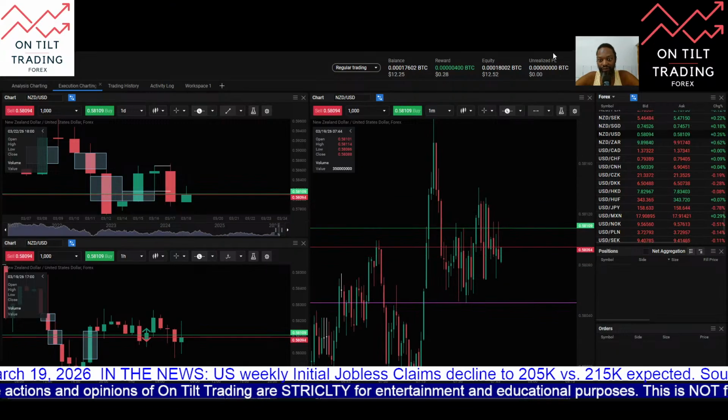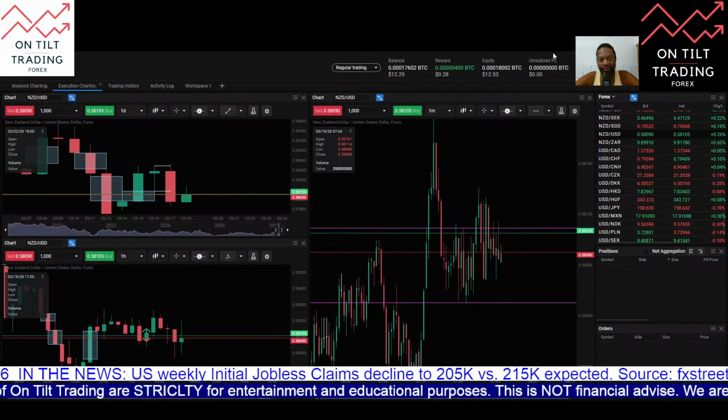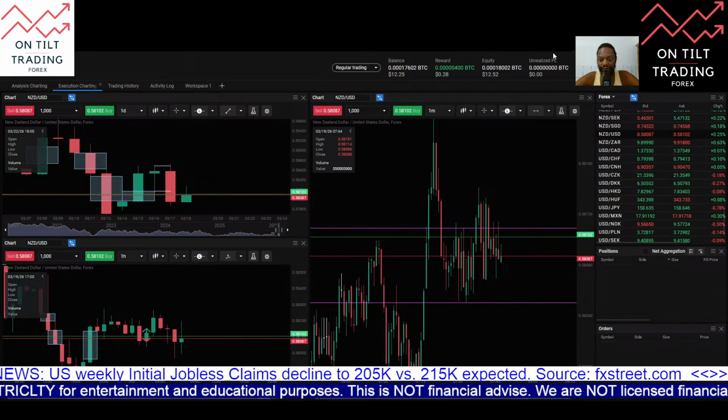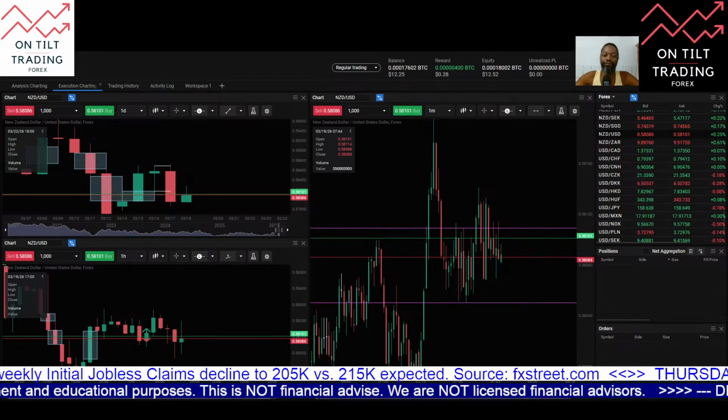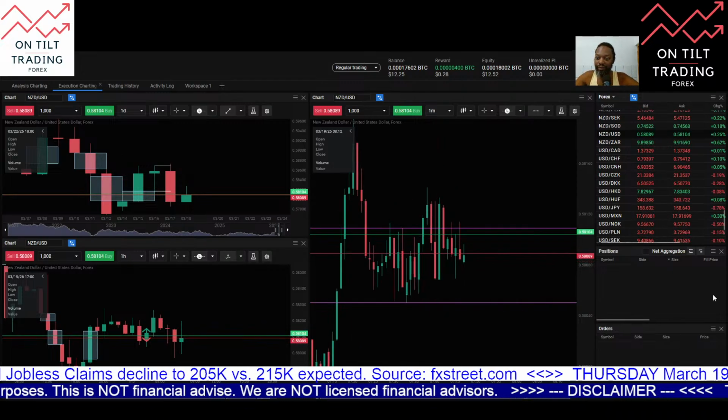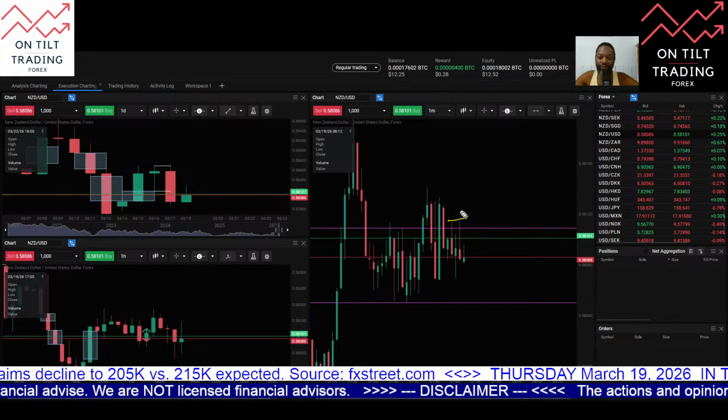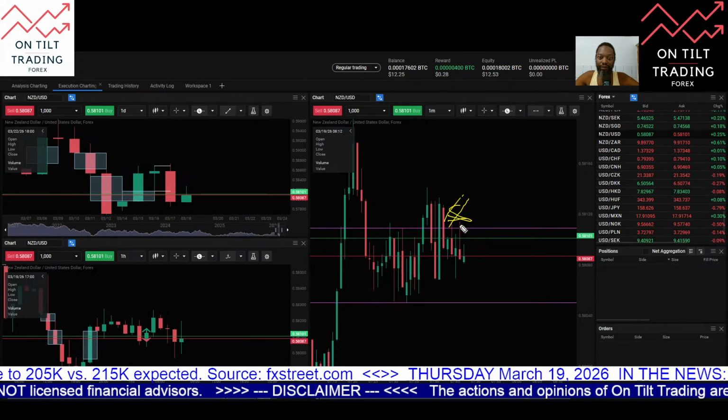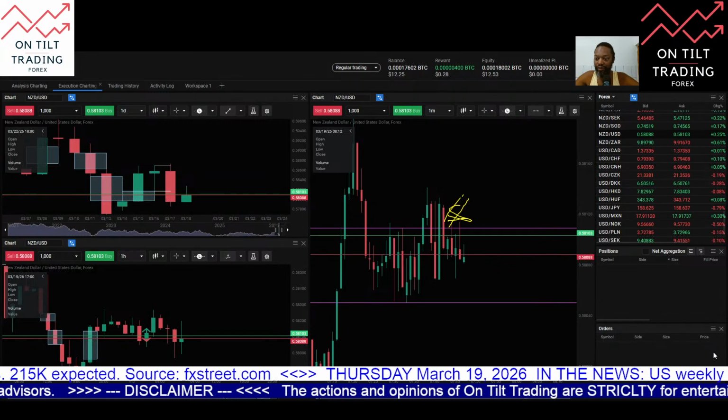Seeing a return to sell side perhaps here on Kiwi dollar. But with that, it's left some liquidity right here, so it'll be coming back to this level here to sweep that up.